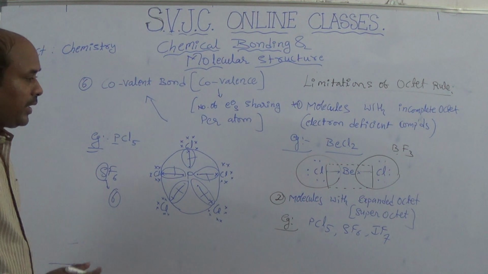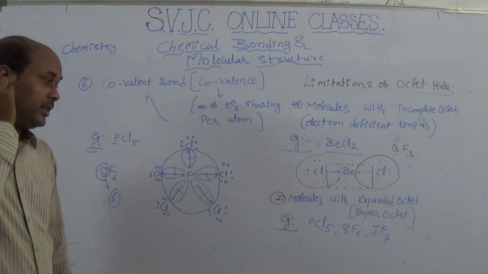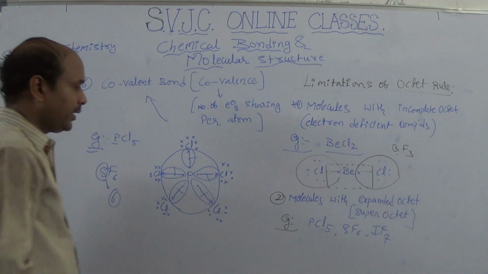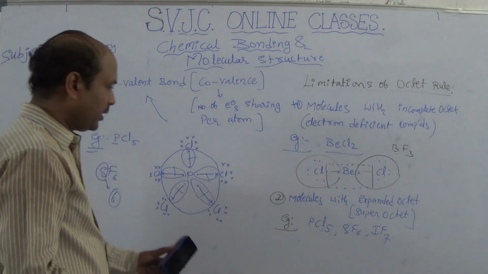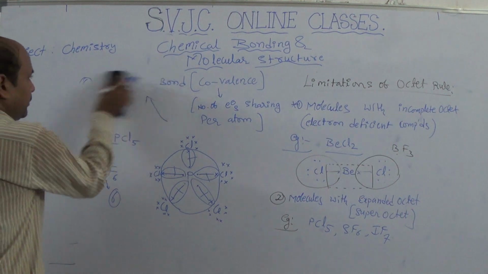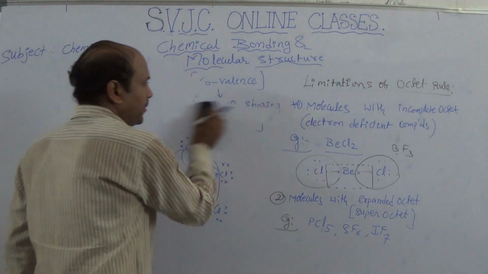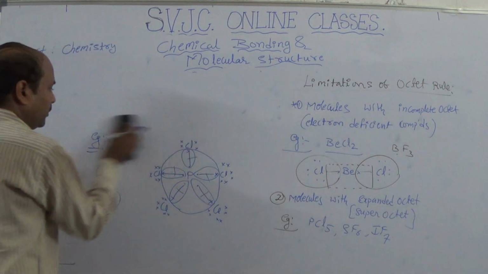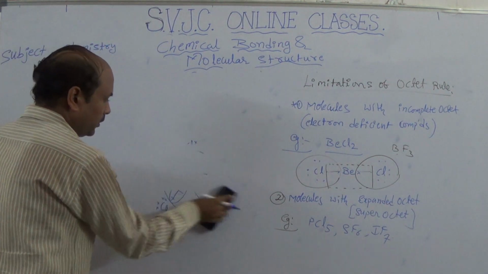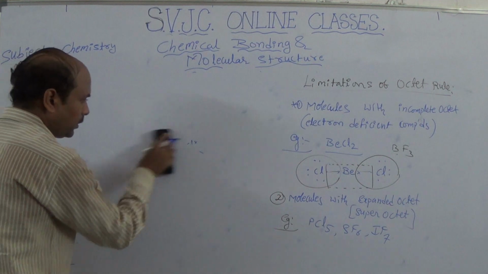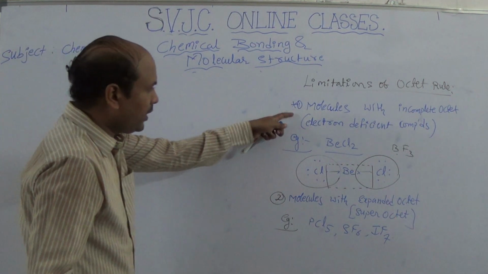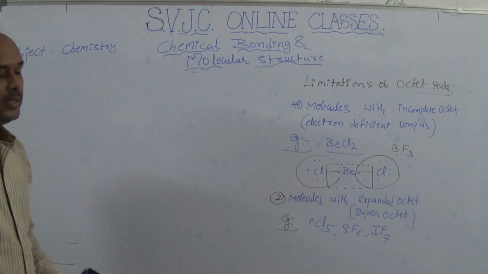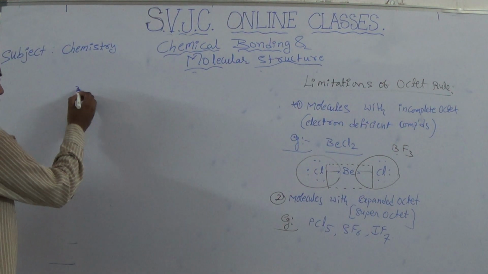More than 8 electrons are present around the central atoms. That is called expanded octet. In these two conditions, the central atom has an even number of electrons only.